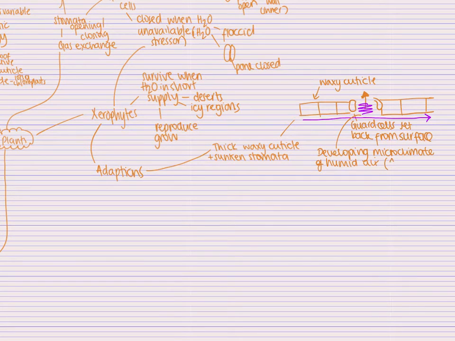And humid is just to do with the fact that there's an increased water concentration in that air, which is going to reduce the water potential gradient between the inside and outside of the cell, or between the inside and outside of the leaf.